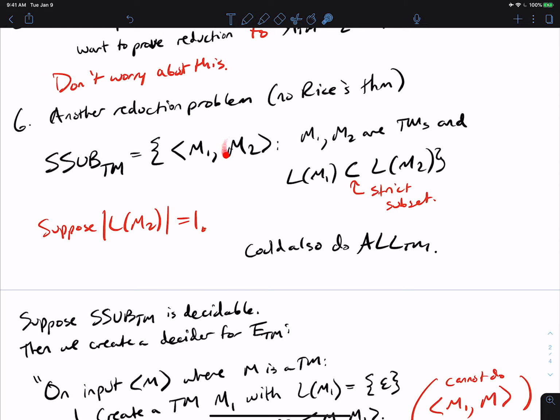We can test whether M2 accepts everything if M1 accepts everything but a single string. Therefore, if M2's language is a strict superset of M1's language, then that means M2 accepts everything. And if it isn't a strict superset, then M2's language isn't everything. So given a decider for SSUB, we can decide ALLTM, but it's easy to show via Rice's theorem or whatever that this is undecidable.